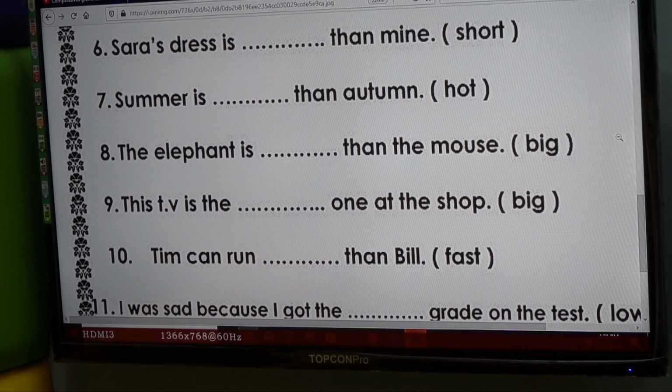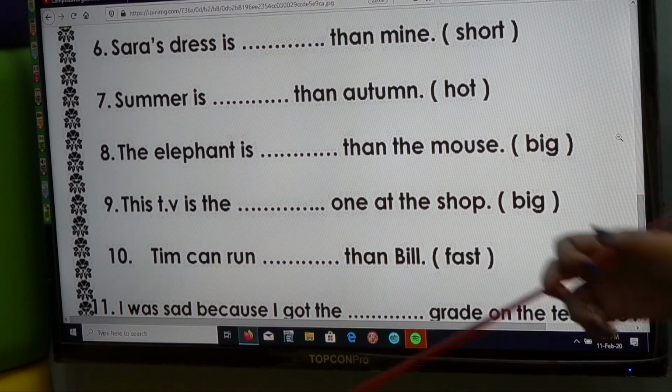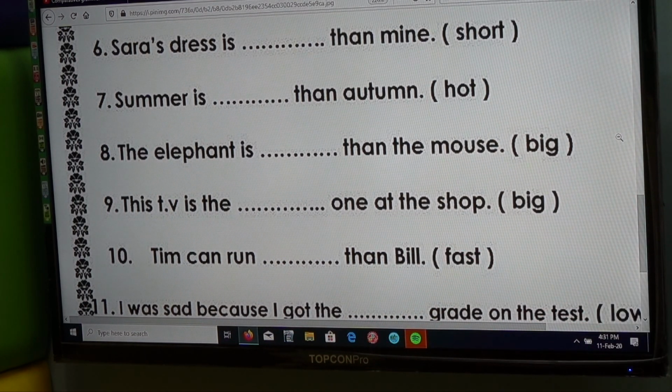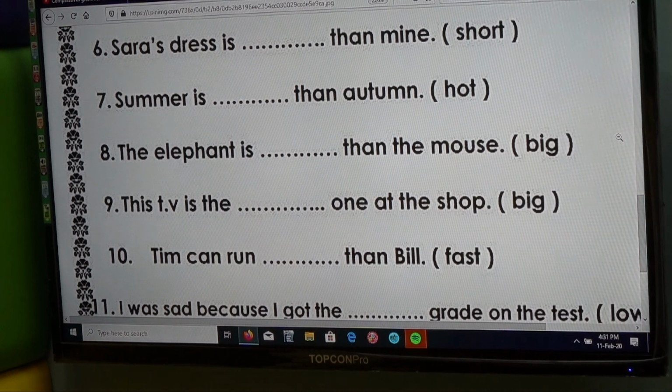Tim can run what than Bill? So the first person is Tim, and the next person is Bill, right? How many people are there? 2 people, right? So, do we use comparative or superlative?